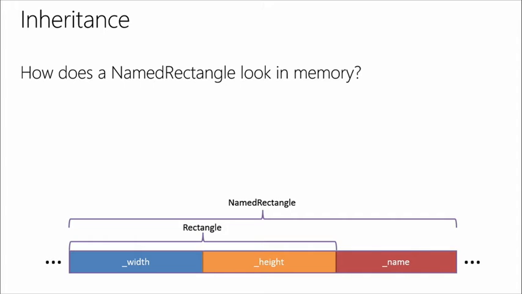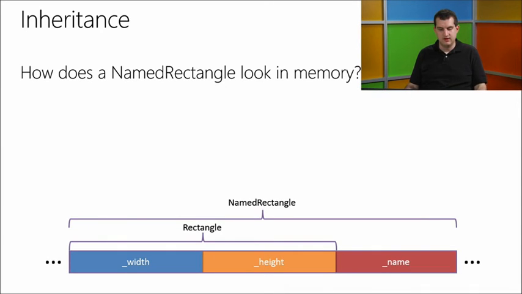It's also called a data member subobject because, again, it's a part of the whole. And the named rectangle encompasses this entire piece. So when you bind a rectangle reference to a named rectangle, it's actually just binding to that blue and that orange piece. It's binding to that rectangle piece of it. In order to use the named rectangle, you have to have a named rectangle expression or a reference to one or an object.